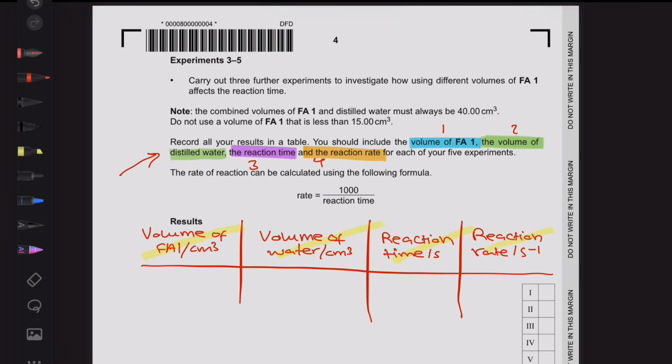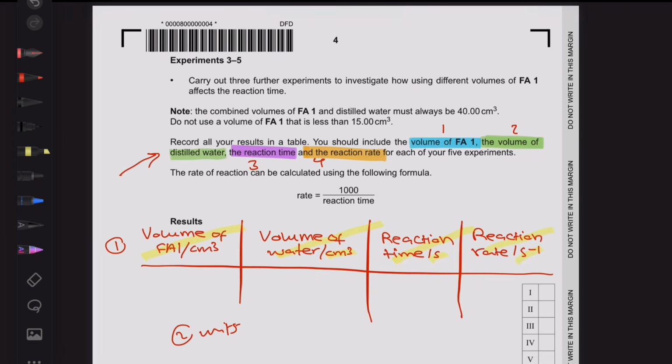having conducted the 5 experiments, because really this was dilution, and just writing out these 4 column headings, you have gained a mark, right? For the second mark, you needed what? Units. So it's very important to not forget your units, because these are easy marks. With volume, it's always centimeters cubed. With time, it's usually seconds.